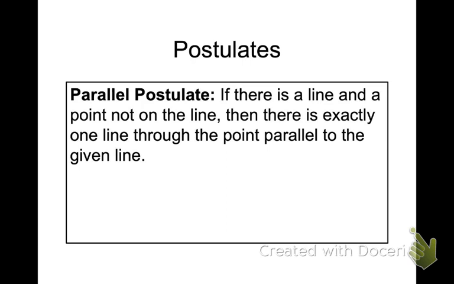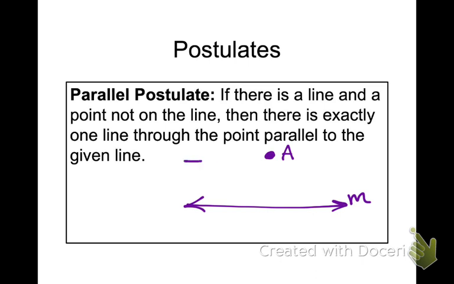So what does this look like? If you have a line, let's call it line M, and you have a point, let's call it point A, somewhere not on the line. How many possible lines can I cut through A that would be parallel to line M? One. Just one, right?